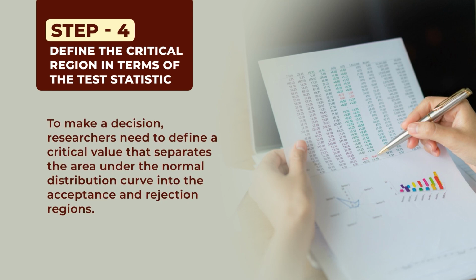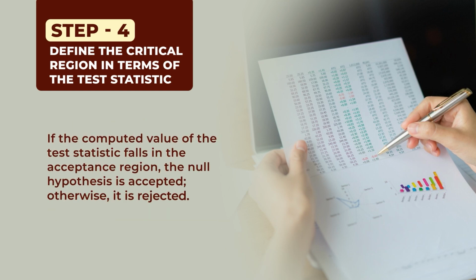To make a decision, researchers need to define a critical value that separates the area under the normal distribution curve into the acceptance and rejection regions. If the computed value of the test statistic falls in the acceptance region, the null hypothesis is accepted. Otherwise, it is rejected. You can also refer to this figure 1.